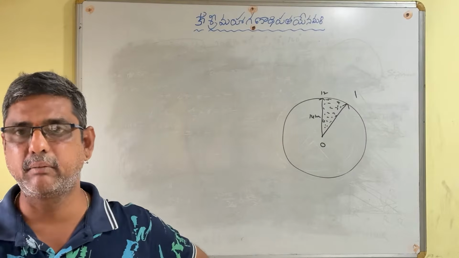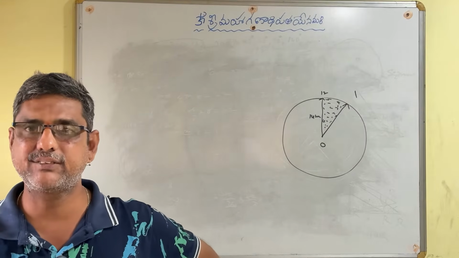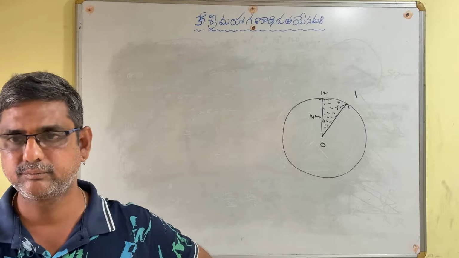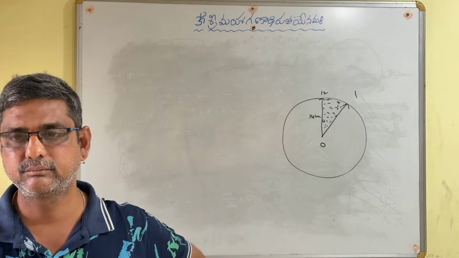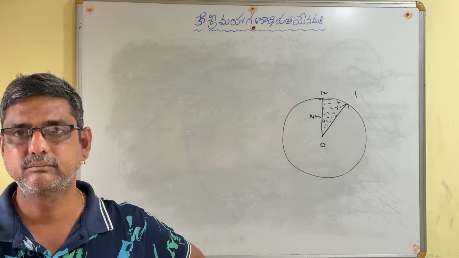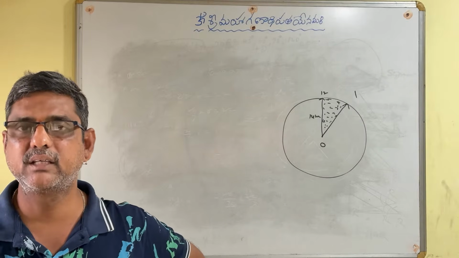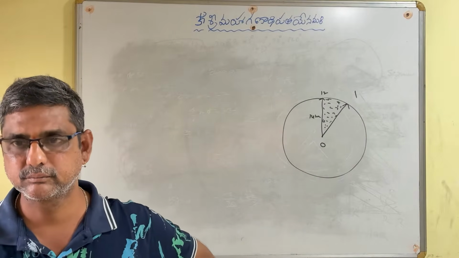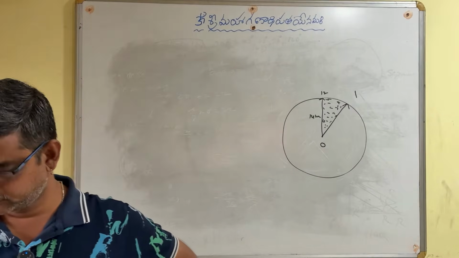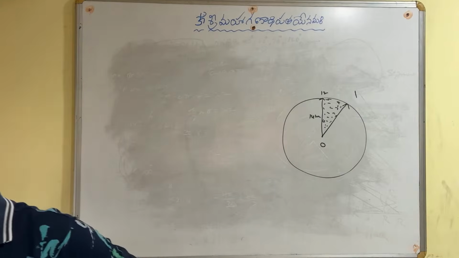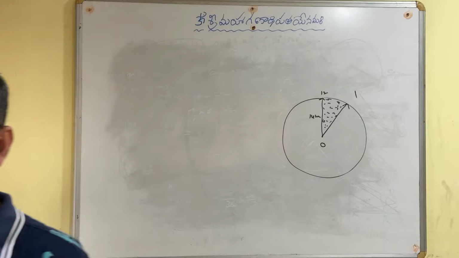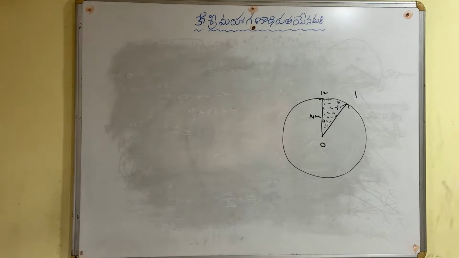Area of sector only, but in order to find the area of a sector, we must have the sector angle and radius. What is the sector angle and what is the radius?